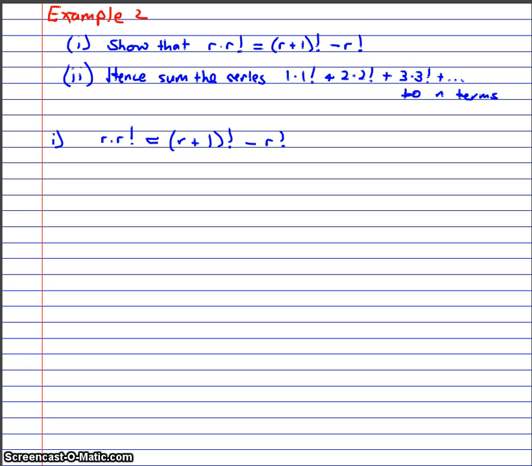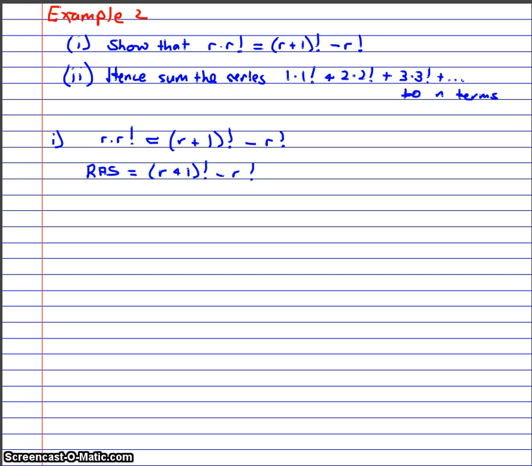Okay, the best way to go about doing these is to use this right hand side, left hand side. It's the neatest, most elegant way to show this kind of proof. So put RHS for right hand side. It is equal to (r plus 1) factorial minus r factorial.